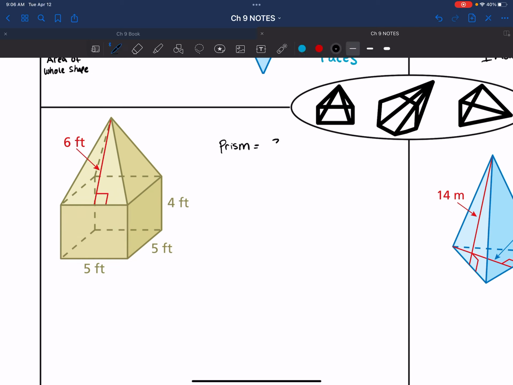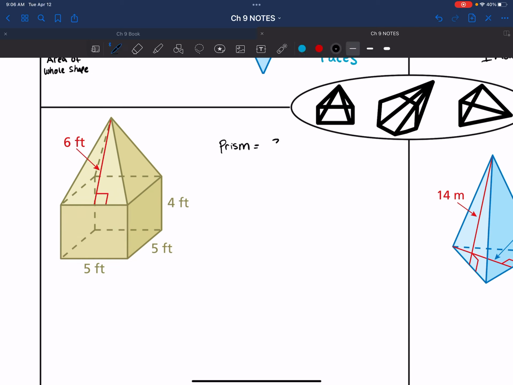Is that a part that I would have to wrap with wrapping paper, or construction paper, or paint? It's not. I don't need the base. In fact, I don't even need this face at all because it's not out in the open. It's not a part of the surface, which means won't that change my prism's surface area?